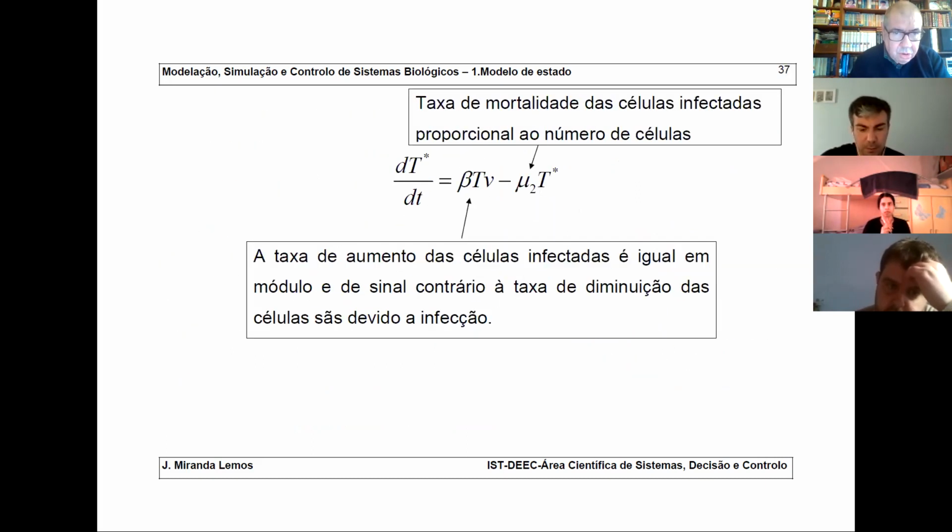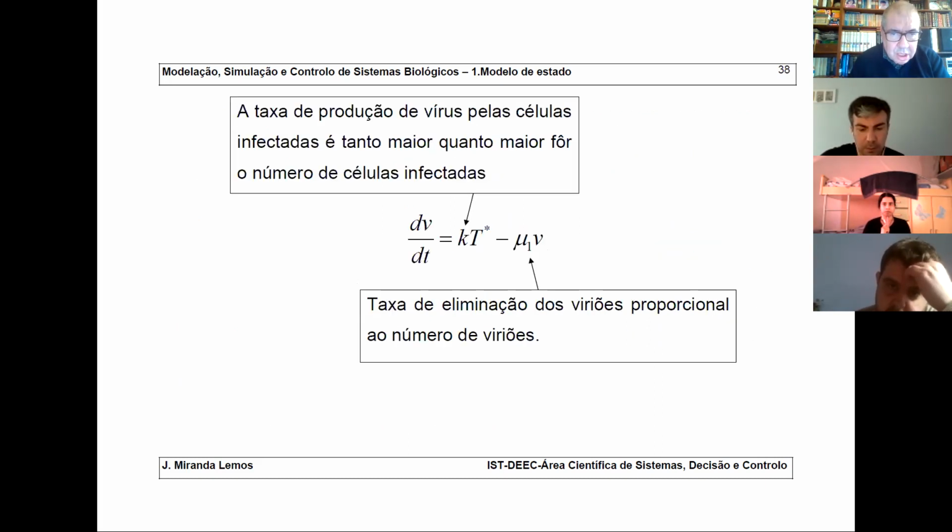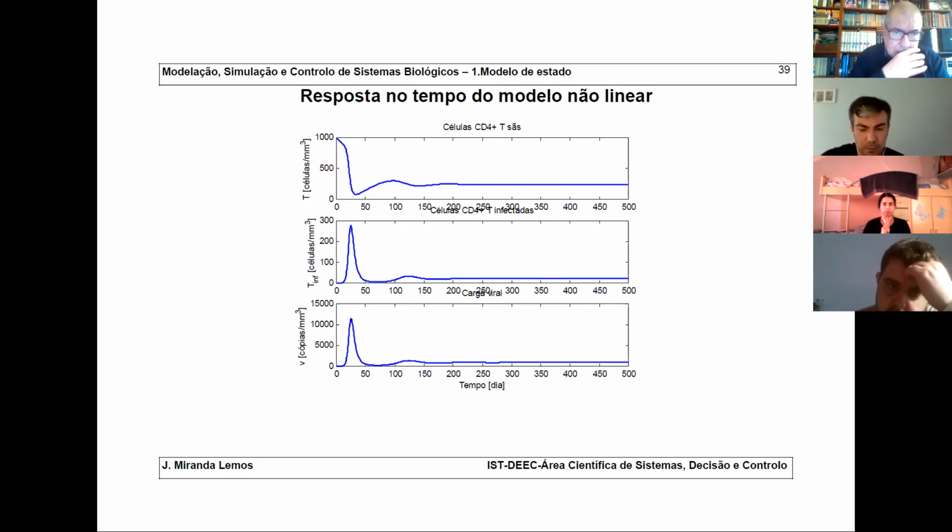So let me show you, these slides have what I just told you. If you do a simulation, you typically get this type of result. Suppose that you start with 1,000 T cells per microliter, and no infected cells, but then you receive a small number of virus.